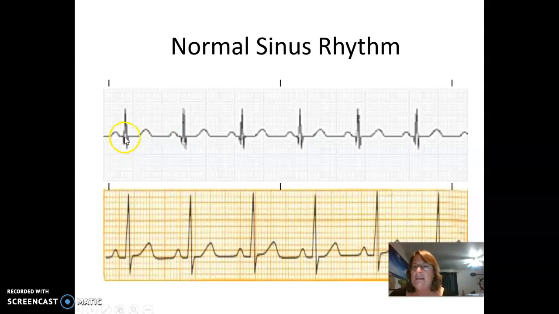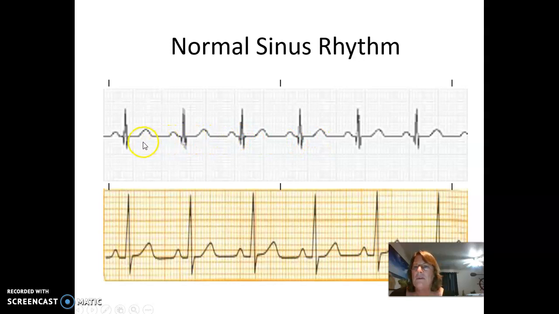QRS. It dips down for my Q, goes up for my R, comes down for my S. So I measure it from here to here, and it looks like maybe 1.5 boxes, so 0.06. And then QT interval from the beginning of the QRS to the end of the T wave. I'm just looking to see if I find one that actually starts on a dark line, which I don't really see.